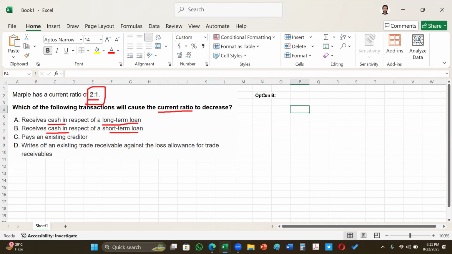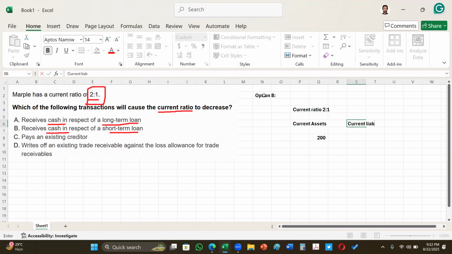We right now have a current ratio of 2:1. So if the current assets are 200, the current liabilities are half the size. This is the current situation from the question.